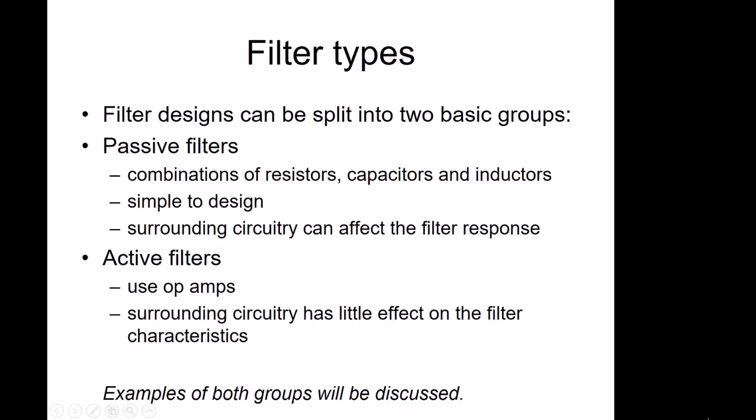So they are passive filters. In terms of active filters, they use op amps. So there's a little bit more involved in designing them, but the surrounding circuitry has little effect. So in that respect, they're a lot more robust.